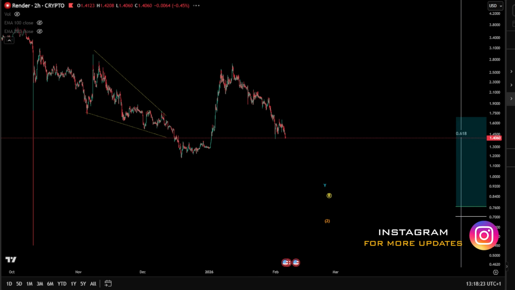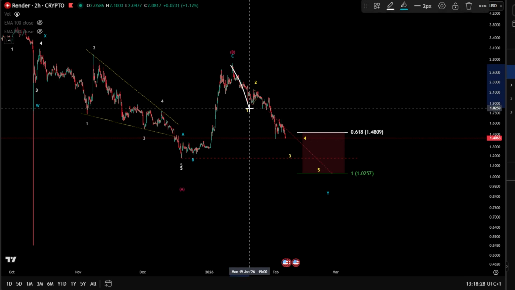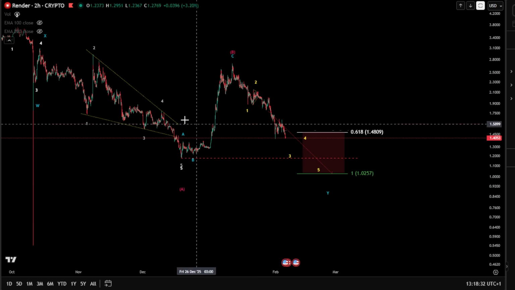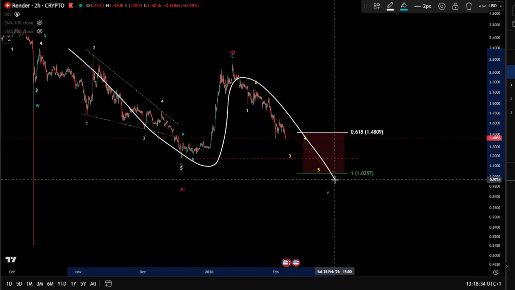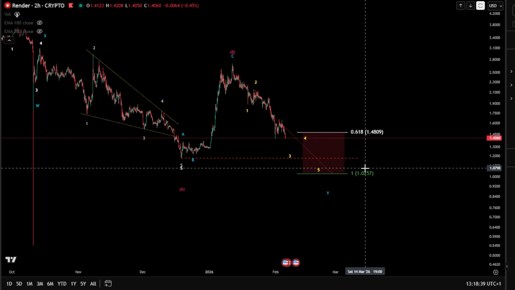So on the 2 hours chart here, if we dive inside it, we have this final move there. I'm looking for a 1, 2, 3, 4, and a 5 there, potentially to finish a wave Y, and with it we're gonna finish an ABC there, which is your wave Y, and can be something pushing for higher.